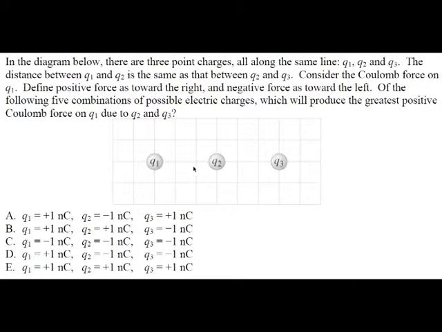Define positive forces towards the right and negative forces towards the left. Of the following 5 combinations of possible electric charges, which will produce the greatest positive Coulomb force on Q1 due to Q2 and Q3? Looking through, you can see that they all have the same magnitude of 1 nanocoulomb, but some are positive and some are negative.